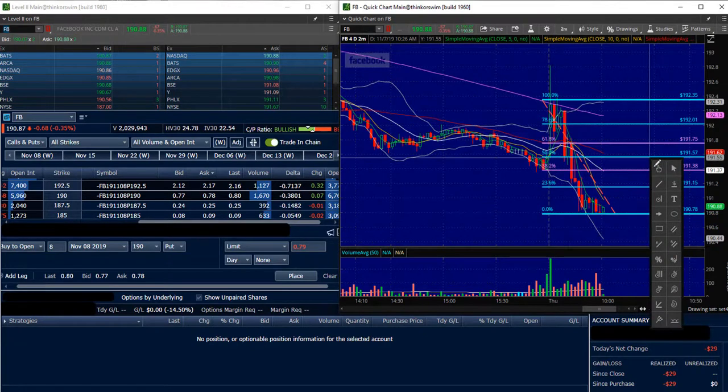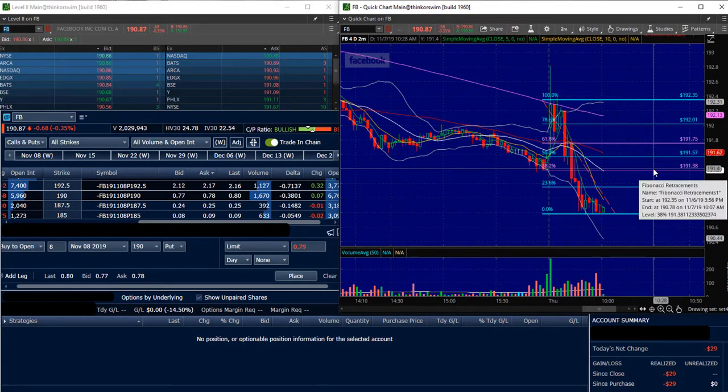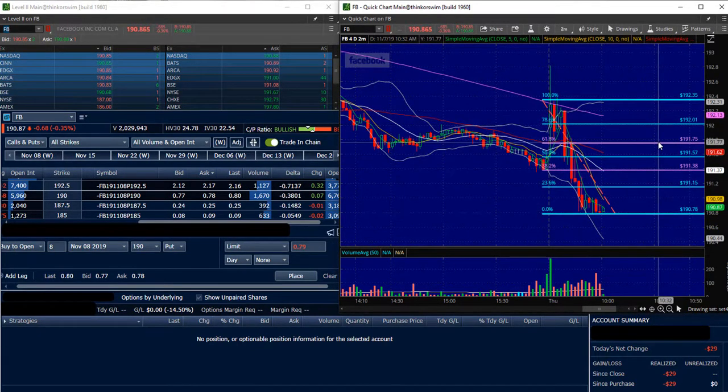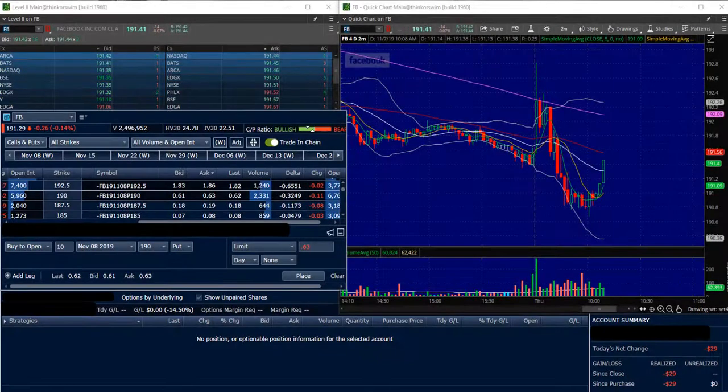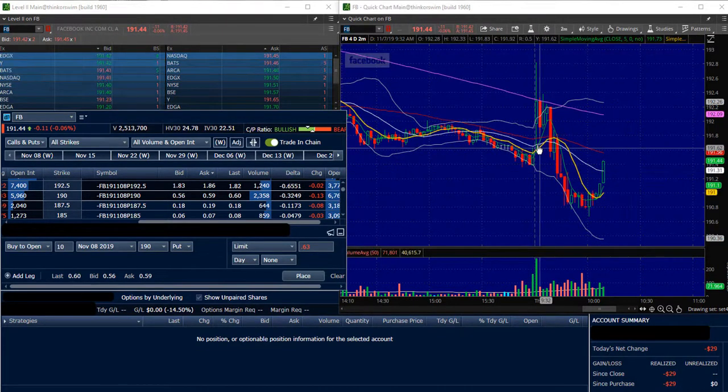All right, so Facebook has given us a nice move to the downside. So at this point, I am looking for a retracement for a potential short opportunity. So let's see what Facebook decides to do here. Facebook is starting to give us a retracement here, but I'm looking at the type of retracement.